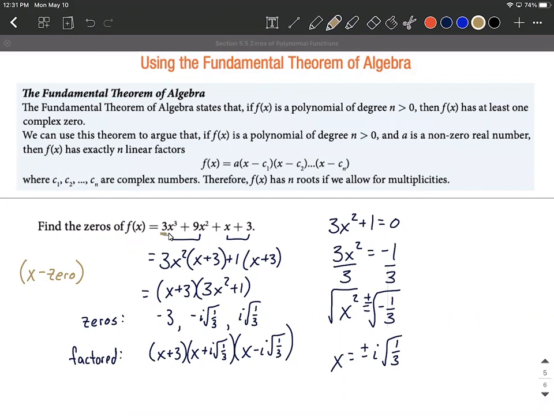And it's going to have to go out in front of our factored version of this, so that if we were to redistribute everything, we get back to the very same as the original function that we were given here. So don't forget that 3 from out in front here has to go out in front here, so that if you multiplied this all out, we'd have 3 times x times x times x to get us this 3x cubed for our first term.